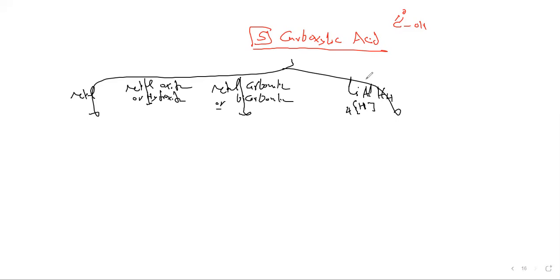You will find that in case of reacting with metal, metal oxide, hydroxide, or metal carbonate, all of them will produce organic salt.